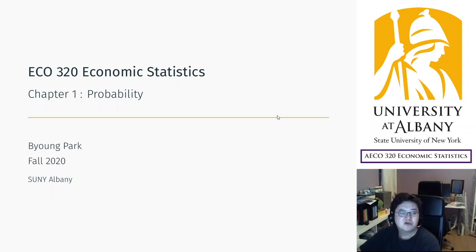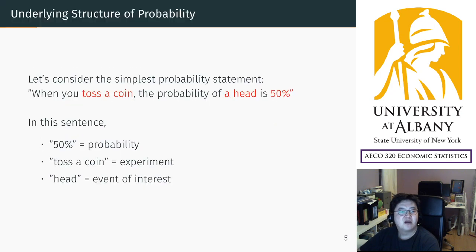What we learned, we start from this idea. When you define a probability, you also have to define an experiment, the underlying experiment, and the event of interest you are attaching the probability to. So we have to think about experiment and event.